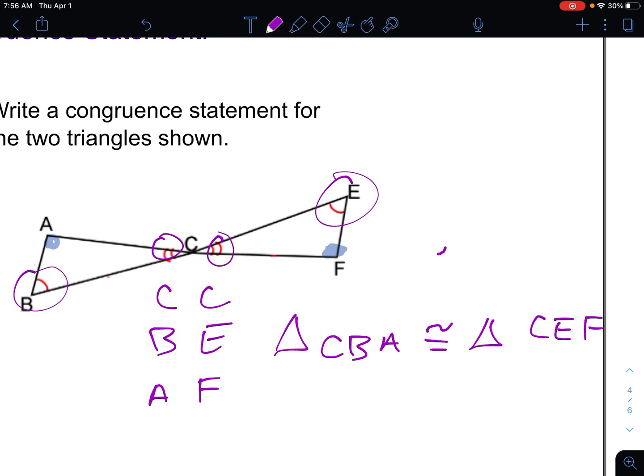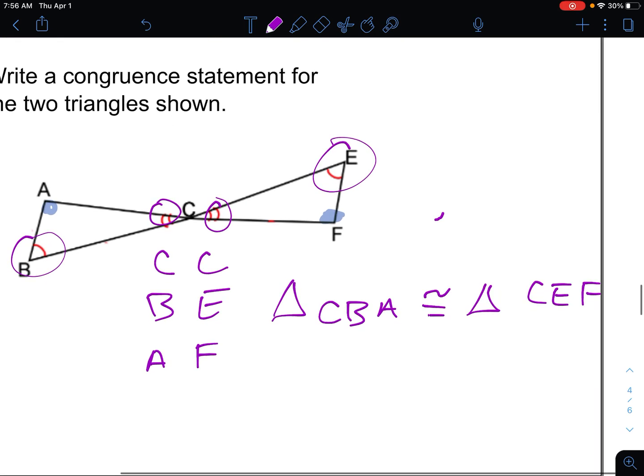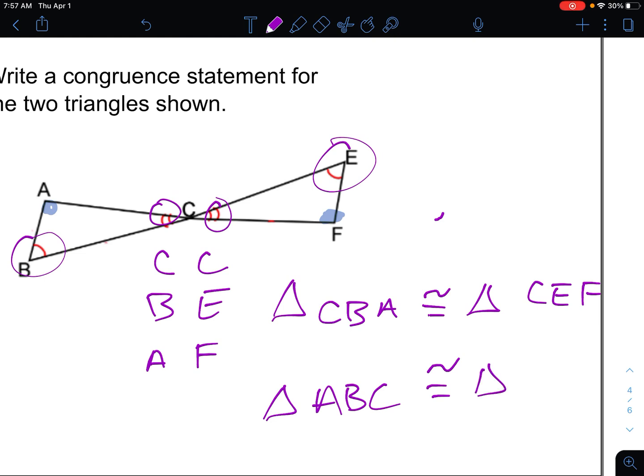Can you come up with 2 more ways? And again, your 2 ways would be different than the 2 ways I would come up with, right? It doesn't matter the order, as long as, right? Triangle, I'll do ABC, okay? Doesn't matter the order of the first one. It matters the order of the second one. So now we have to match up.